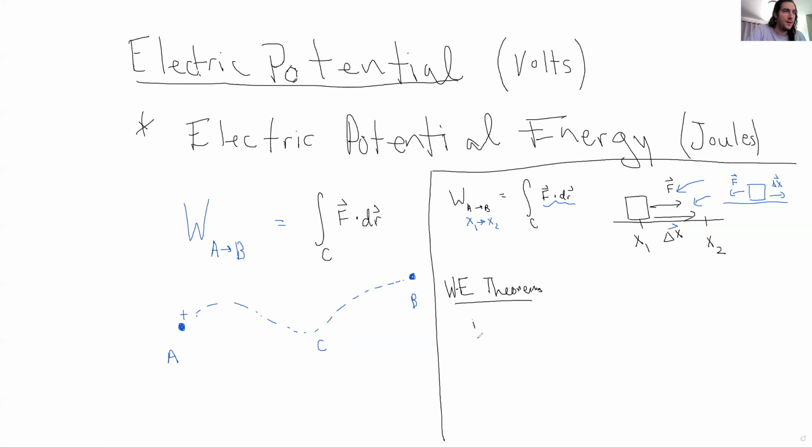It says that the total amount of work done on any object is equal to its change in kinetic energy. Simple as that. That's the work energy theorem. How do you get that?